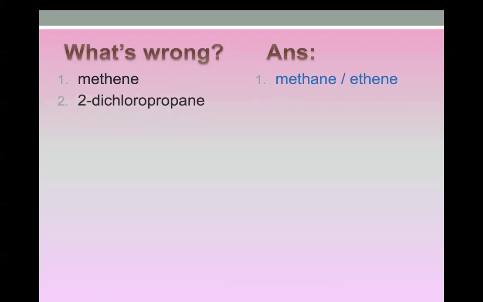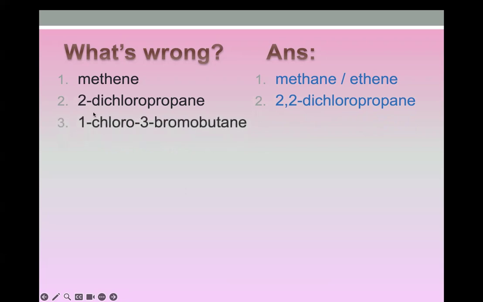While dichloropropane, 2,2-dichloropropane: we have to label both substituents, that is dichloro. That means you need to label twice, not simply label 2. 1-chloro-3-bromo butane would be wrong because we need to label the 3-bromo first instead of chloro.